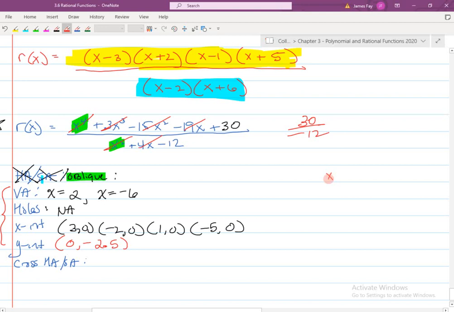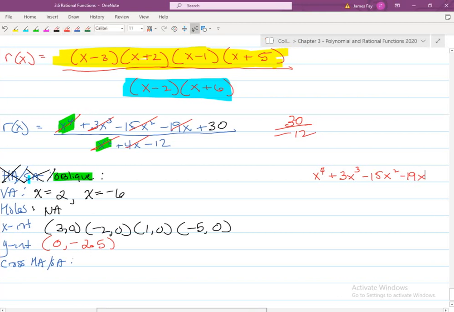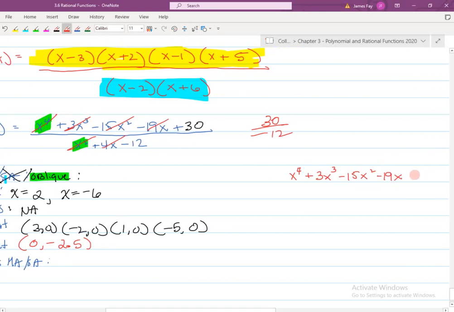So I'm going to take x to the 4th plus 3x cubed minus 15x squared minus 19x plus 30 and divide that by x squared plus 4x minus 12.